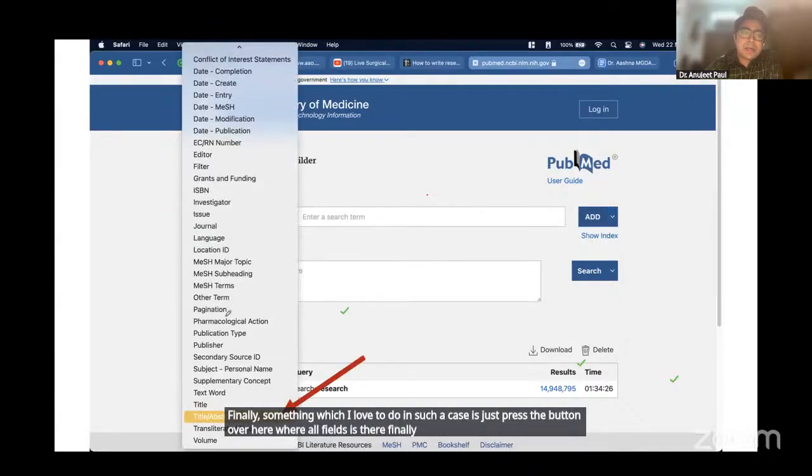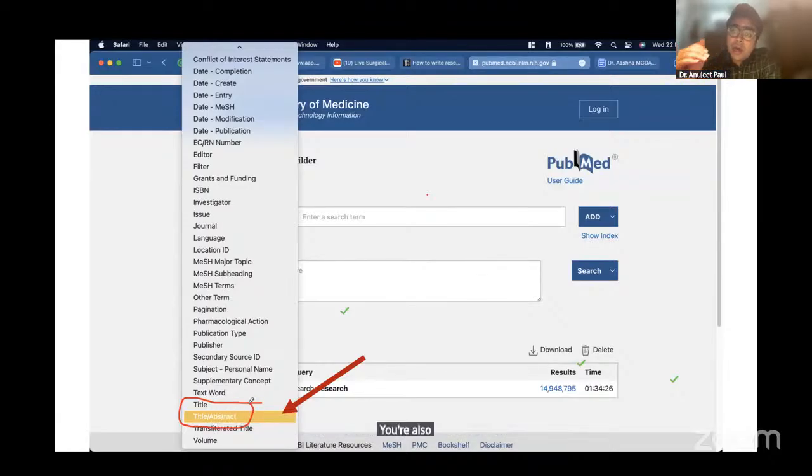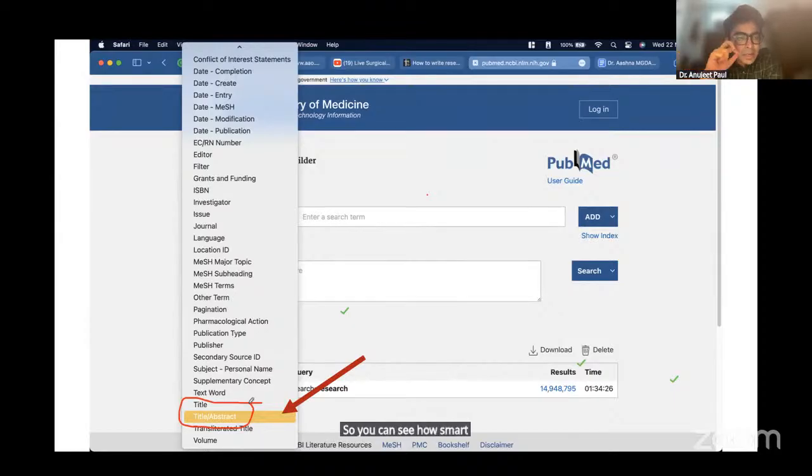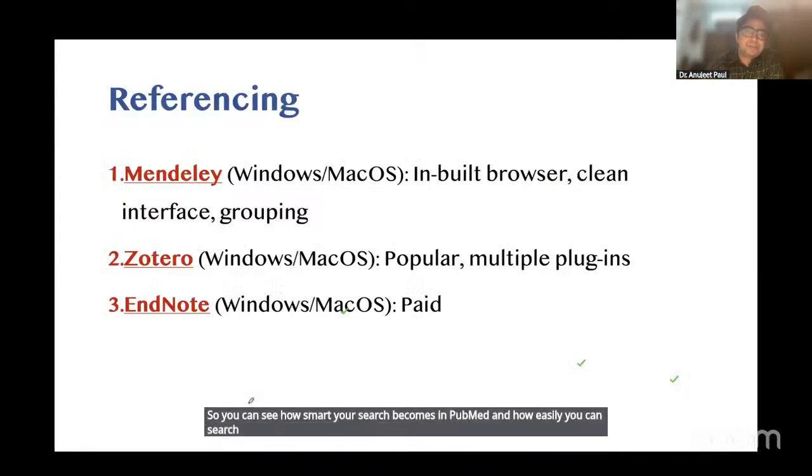And once you press the button, you can just scroll down and click title and abstract. So not only are you searching for the word smoking, not only are you searching for the word lung cancer, you're also searching for articles in which these two words are present in the title. So you can see how smart your search becomes in PubMed and how easily you can search through all this.